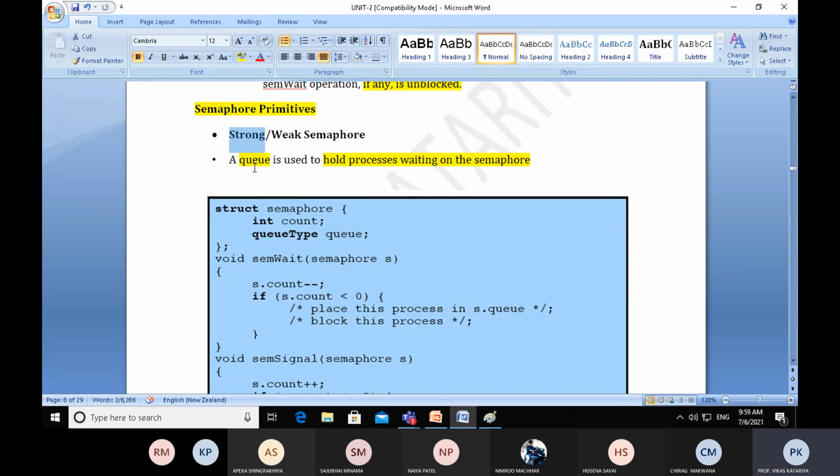And if there is no data structure used to hold the processes, that means we are talking about the weak semaphore. If there is a data structure used to hold the processes, then it is called a strong semaphore. Otherwise, it is called a weak semaphore.